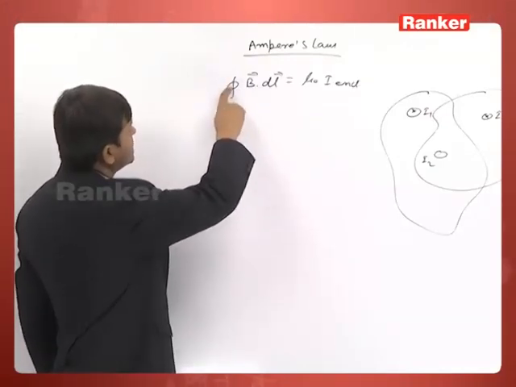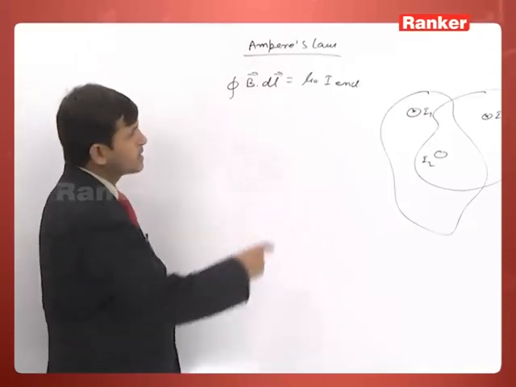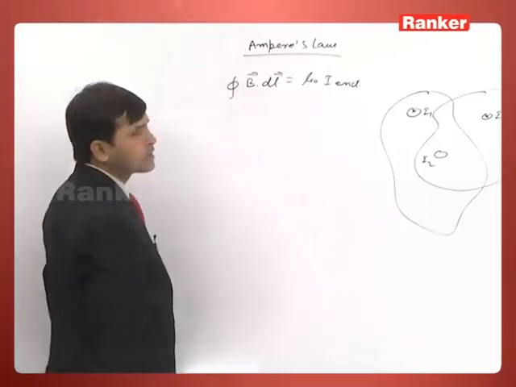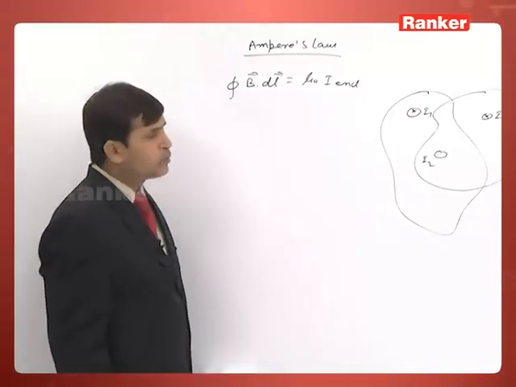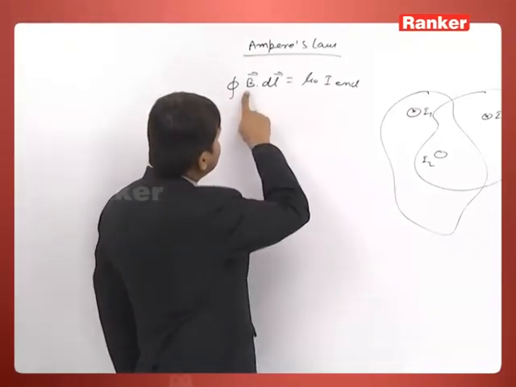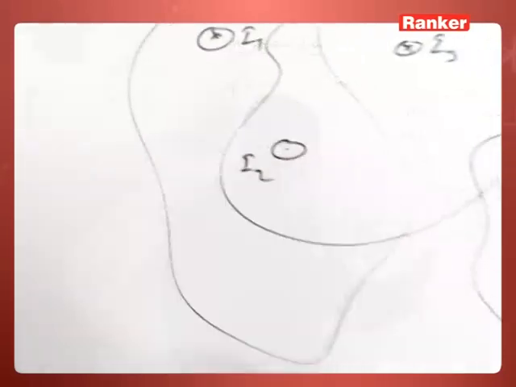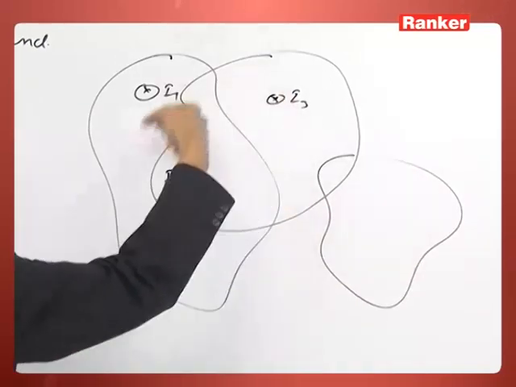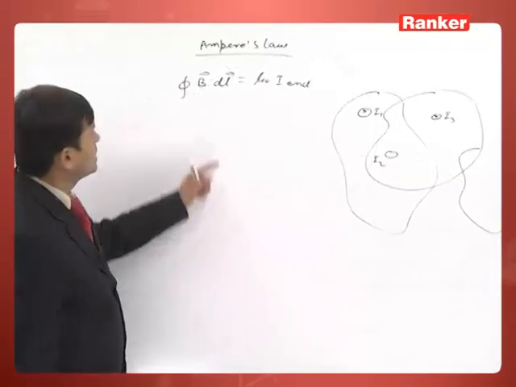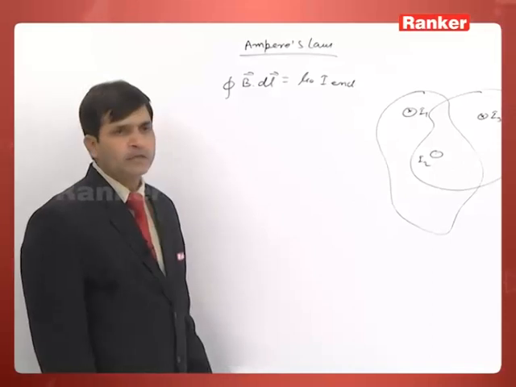This round sign in the integral indicates we are doing this dot product of magnetic field with dl around a whole Amperian loop. It means we will calculate B dot dl for any one of such loops, like this one loop, or another loop, or like this another loop, equal to mu naught I enclosed.